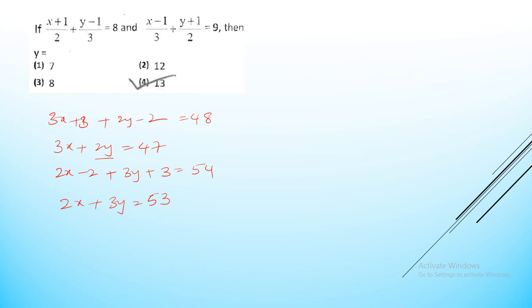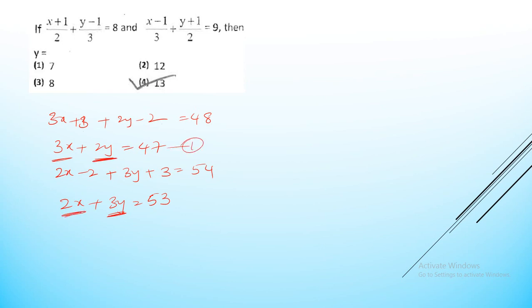Since I need the y value, to get the value of y, what should I do? I need to use the elimination method. For that, first of all, here x coefficient is equal to y coefficient, and here y coefficient is equal to x coefficient.